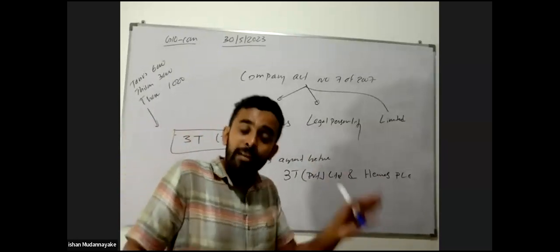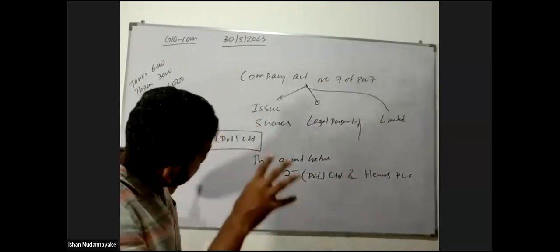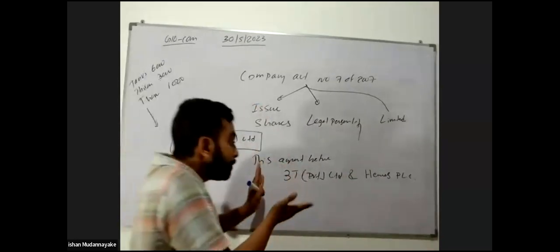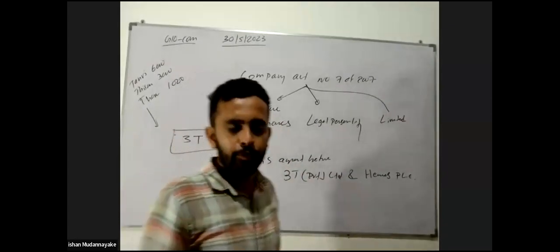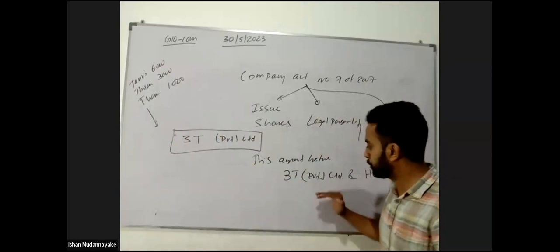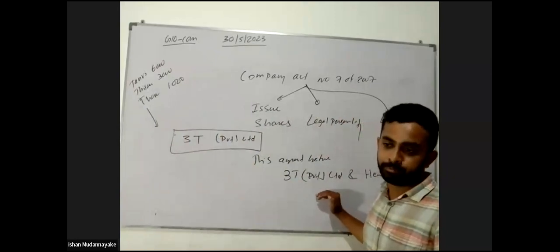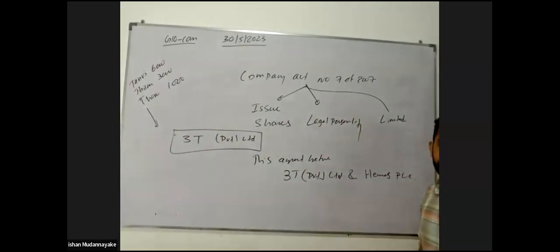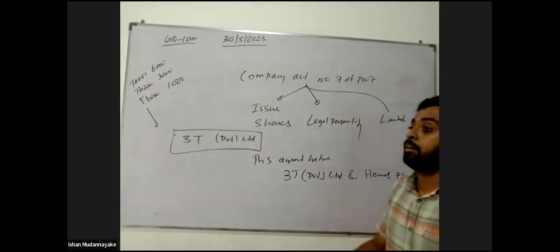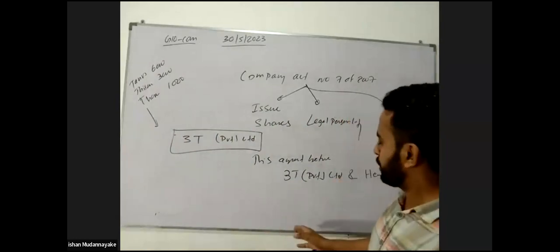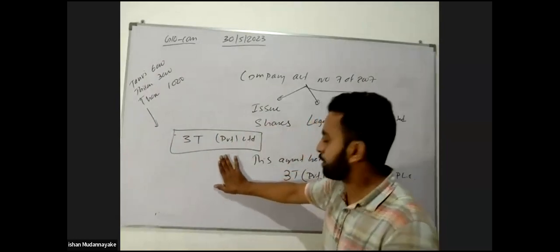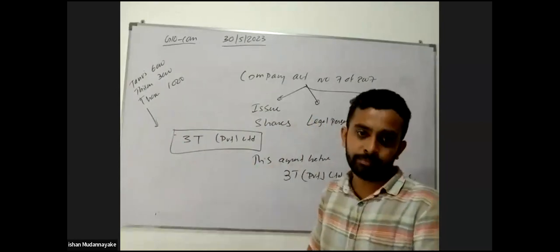But in an incorporated company, the company can use the business organization name in legal activities. It means the law considers this 3T Private Limited business organization as a separate person.